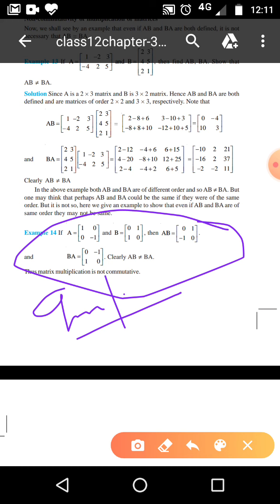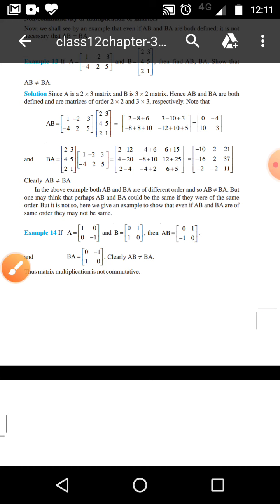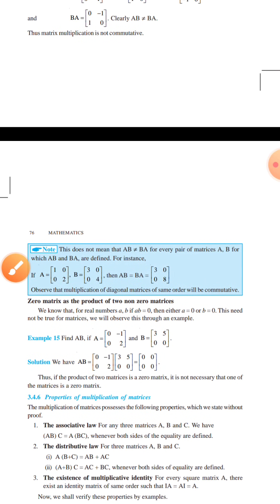Now the next thing, this note: it does not mean AB does not equal BA for every pair of matrices A and B for which AB and BA are defined. For instance, you see A and B here, where AB and BA are both defined and both are equal.